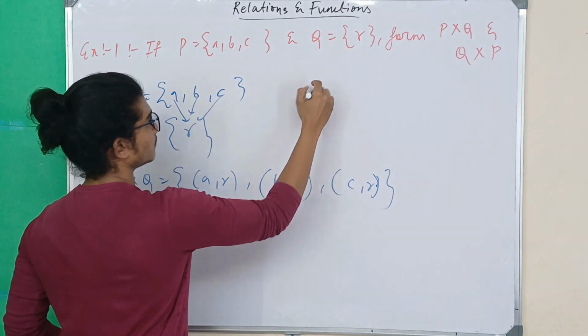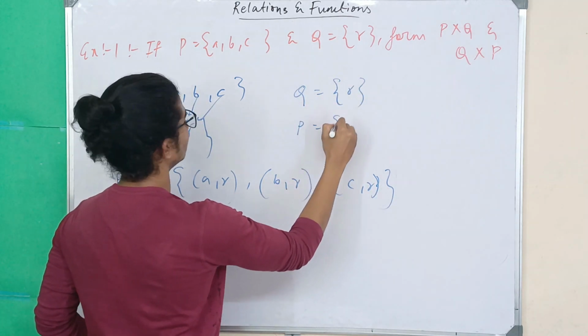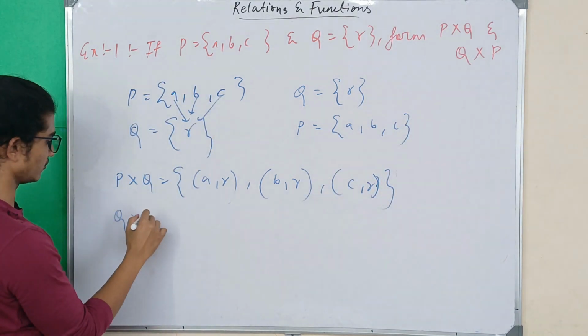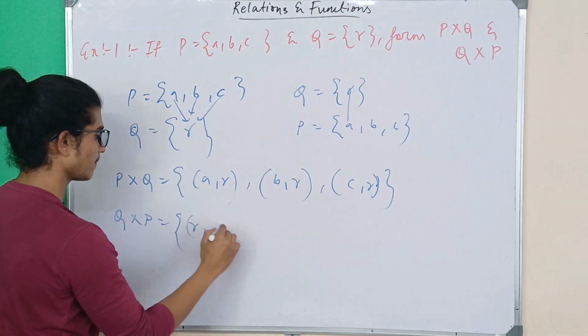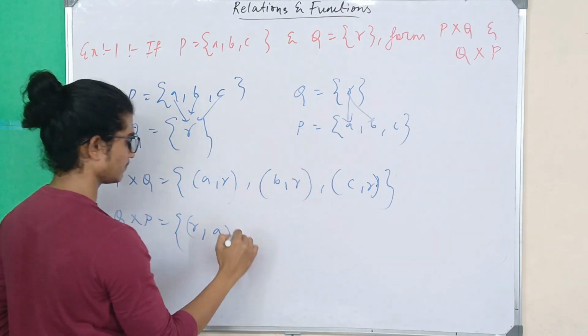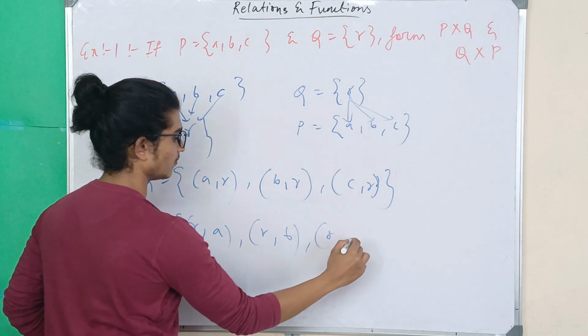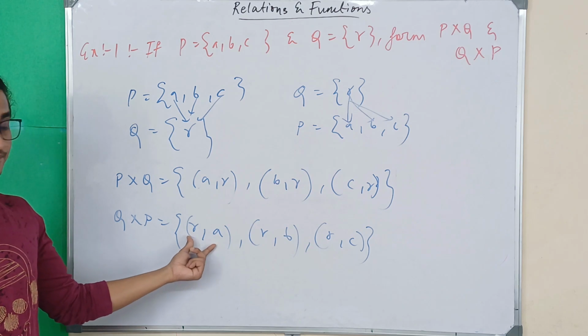And next we have Q cross P. So Q is {r} and P equals {a, b, c}. In this case, Q cross P is going to be r into a, (r, a), (r, b), (r, c).